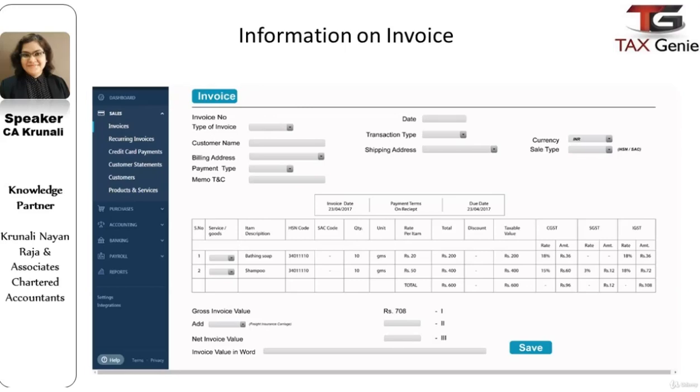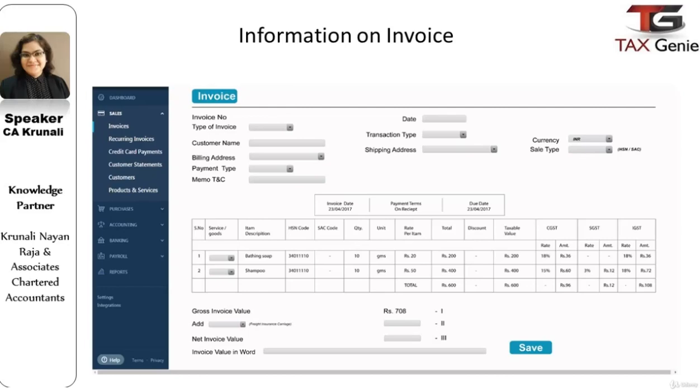Then it should have details of taxable value of services taking into account any discount or abatement, if any. Then the rate of tax, that is CGST, SGST or IGST, and the amount of tax charged in respect of taxable services.